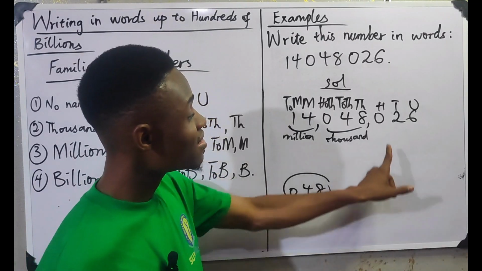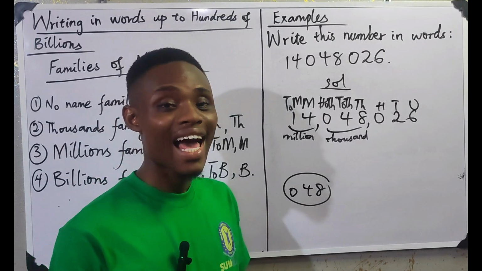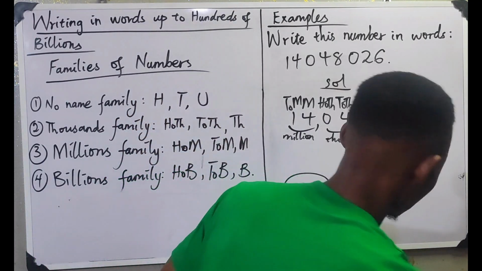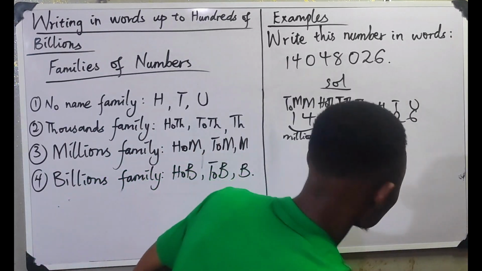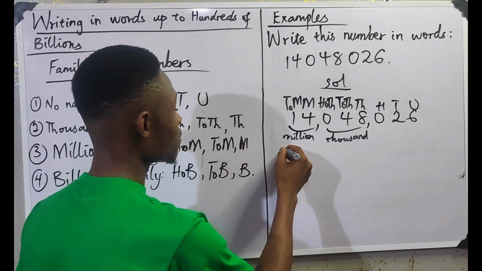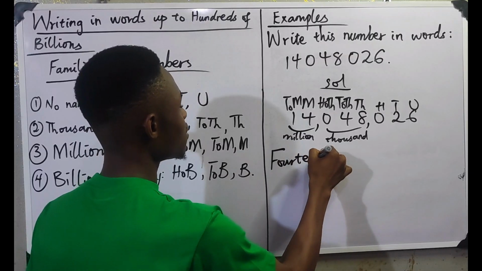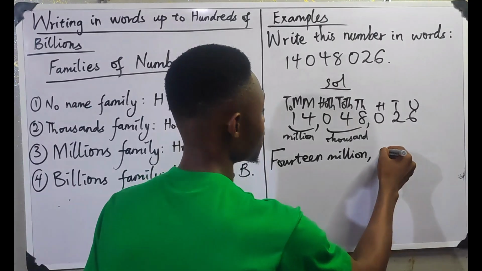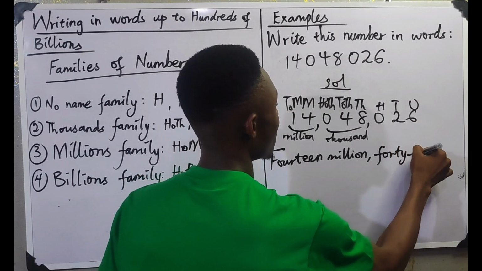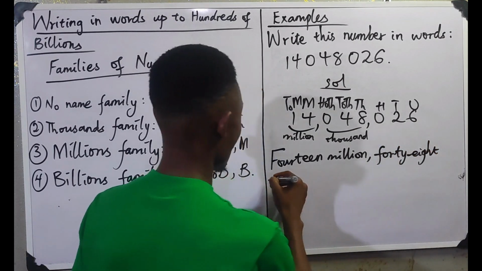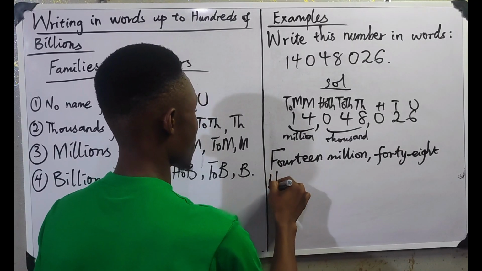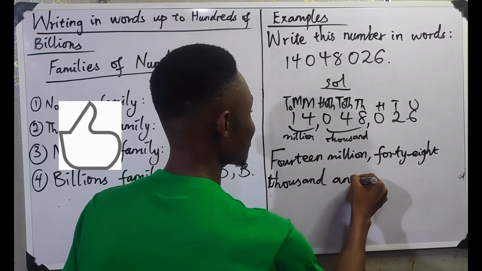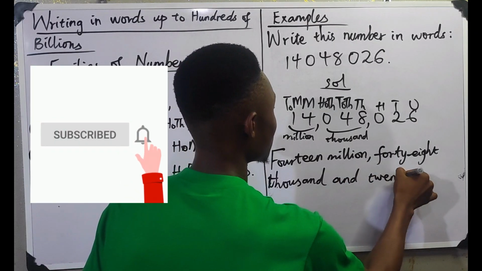But mind you, whenever you see zero under the hundreds, there must be an "and" before you write whatever you are seeing there. Okay, let me do that quickly. So I have 14 million, 48,000, and 26.